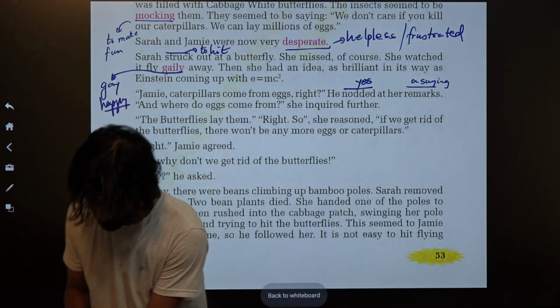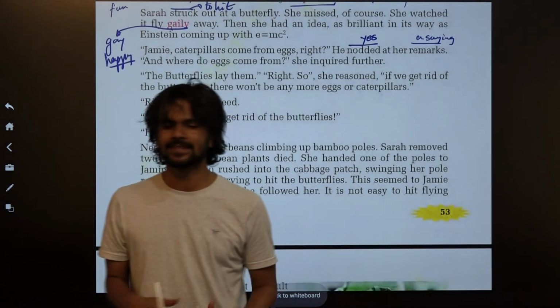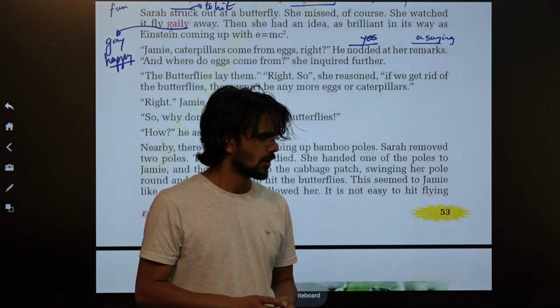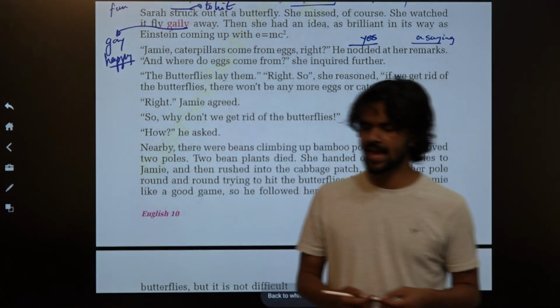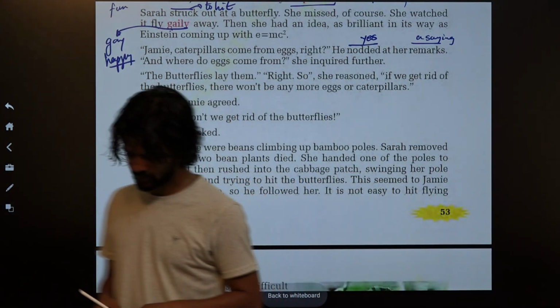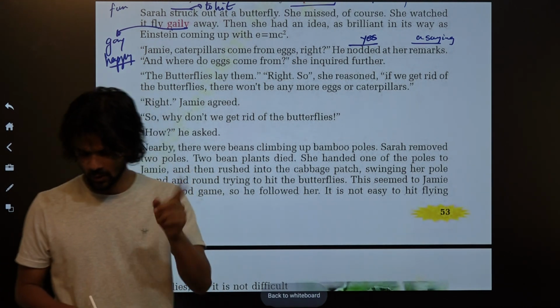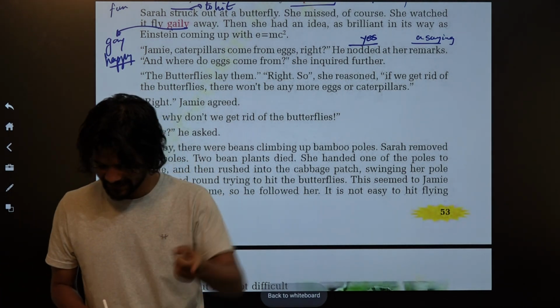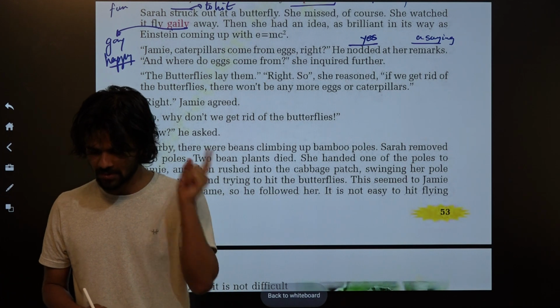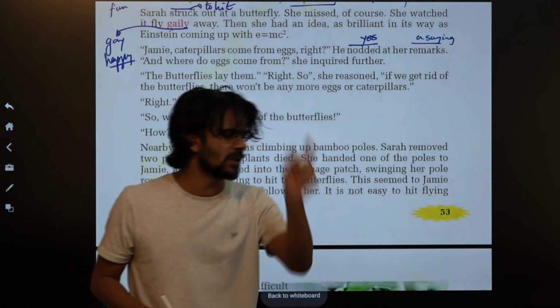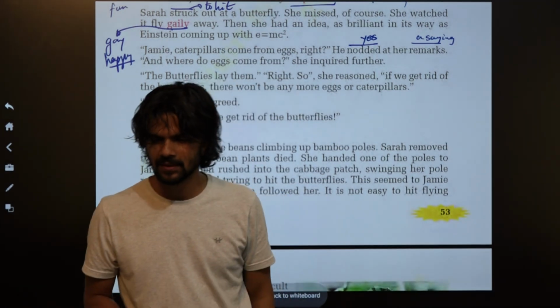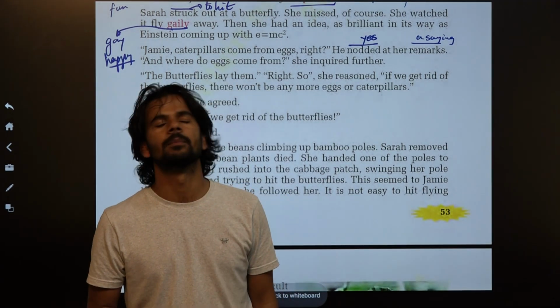Of course, the butterflies lay them. Who lays eggs? Butterflies lay eggs, right? They produce eggs. So she reasoned: if we get rid of the butterflies, there won't be any more eggs or caterpillars. So the root cause of all the caterpillars is the butterflies.